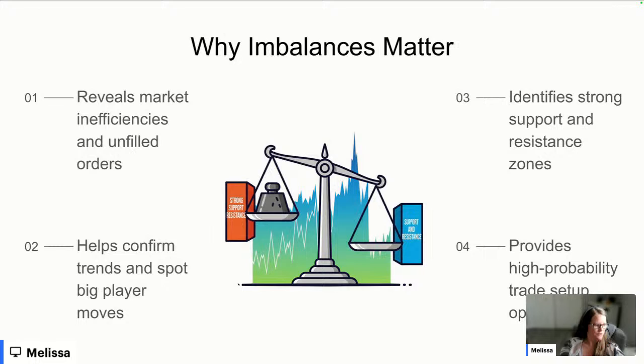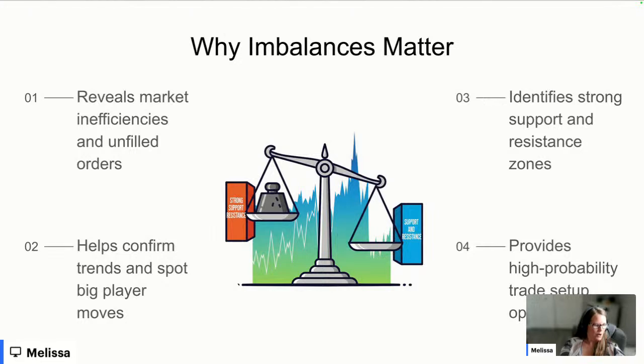These big moves turn into support and resistance zones, giving you high probability trade setups. So, whether you're entering a trade or looking for a place to enter a trade, or you're looking for a target, or just looking to spot big player moves, imbalances are your edge.